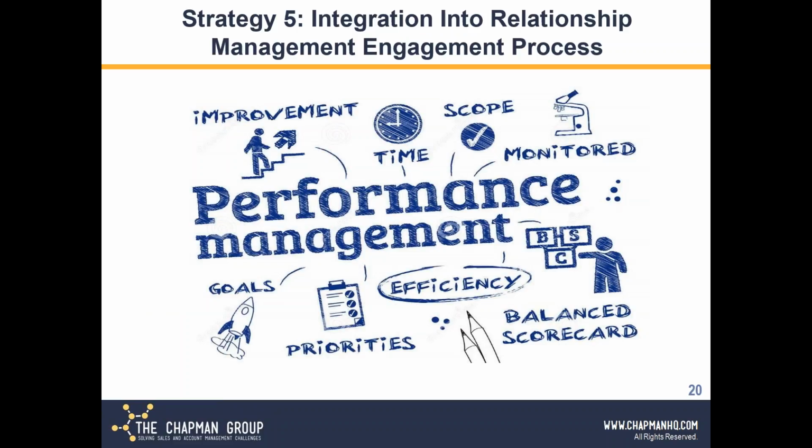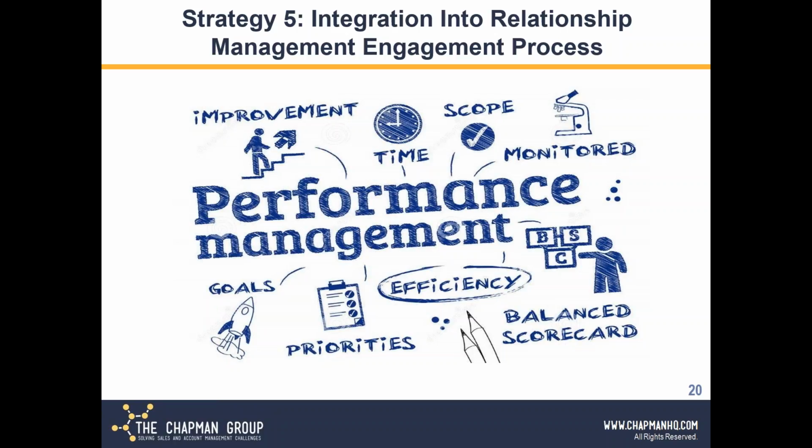A fifth strategy is incorporating some forms of mutual scorecards, joint scorecards, performance scorecards, dashboards, collaborative action plans, so that as part of the process that we talked about earlier, I've got this ongoing performance management process between us and our customer.